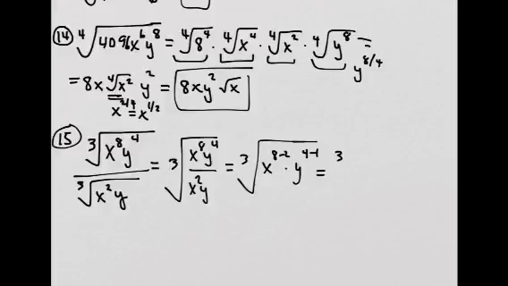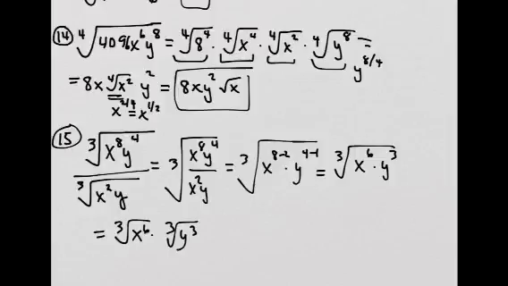So then that gives you the cube root of x to the 6 times y cubed. And then we could separate them. And that would be cube root of x to the 6 times cube root of y to the 3rd. And remember what this means. This means x to the 6 thirds and y to the 3 thirds. So this is x squared y.